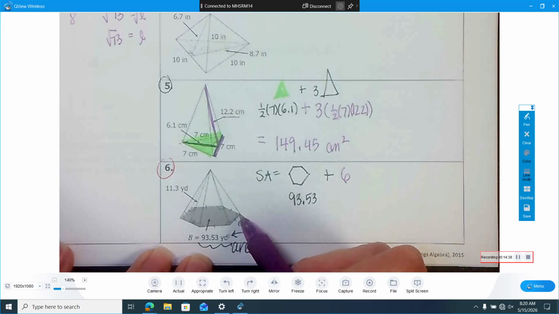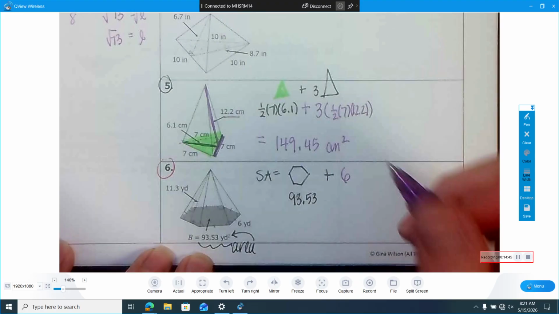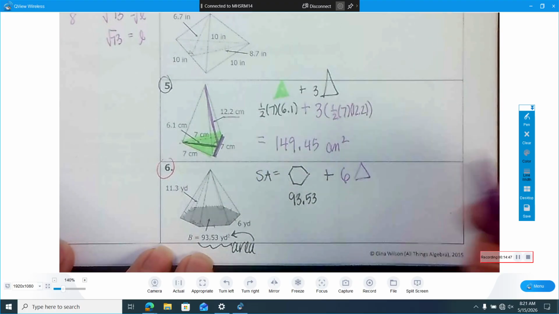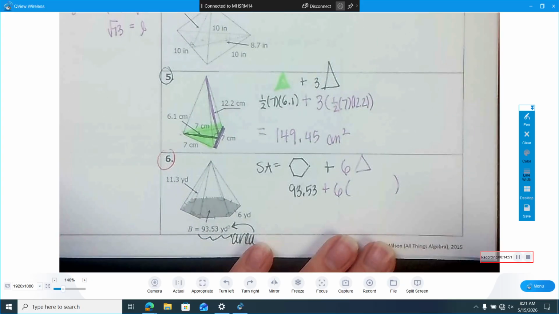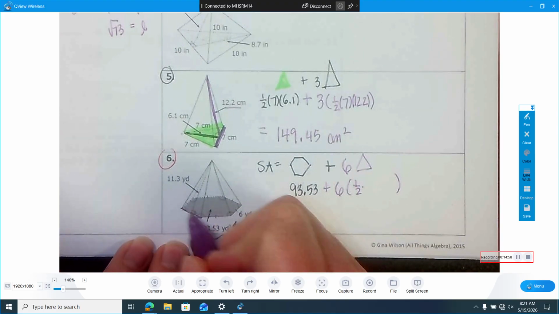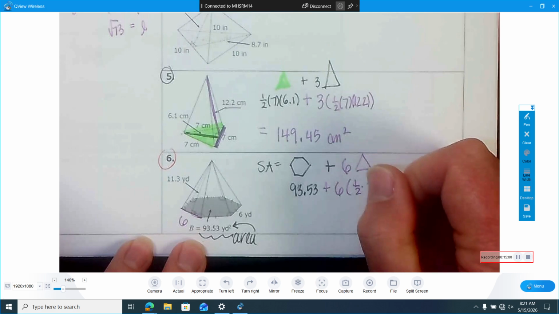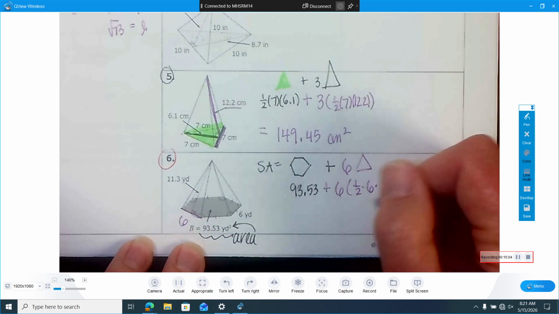So this is 6 yards, and the congruence markings go all the way around, so every triangle there is the same. So there are 6 of our triangles. So we're going to add 6, and then how do we find the area of a triangle? 1/2 base times height. What's our base of our triangles? Yes, that base is 6. And what's the height? They gave us that slant height there of 11.3.